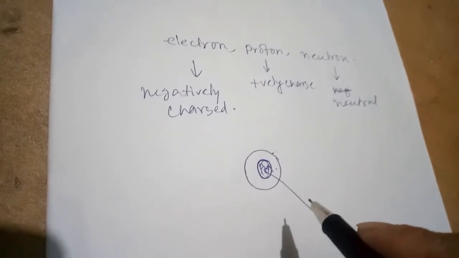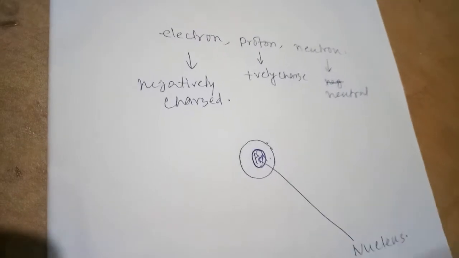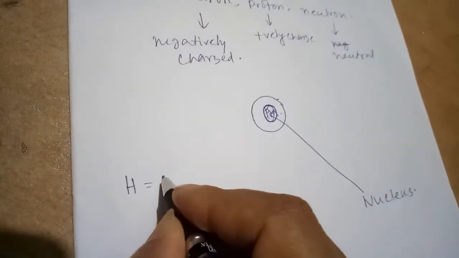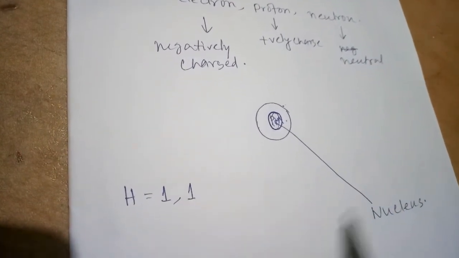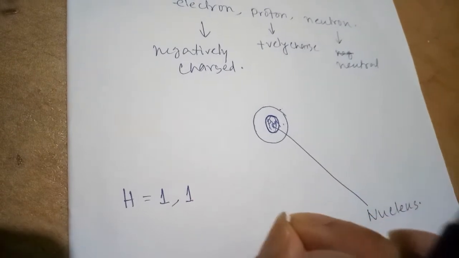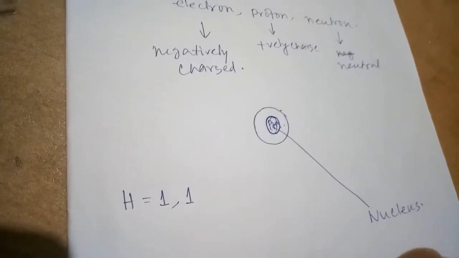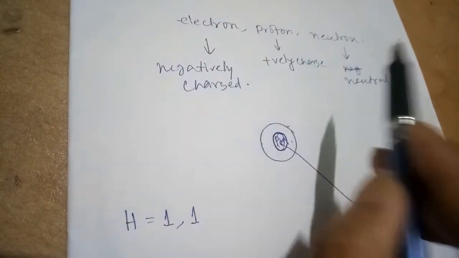For different atoms, different numbers of electrons and protons are present. Suppose the element is hydrogen, then it contains one proton and one electron. An atom possesses the same number of electrons and protons.